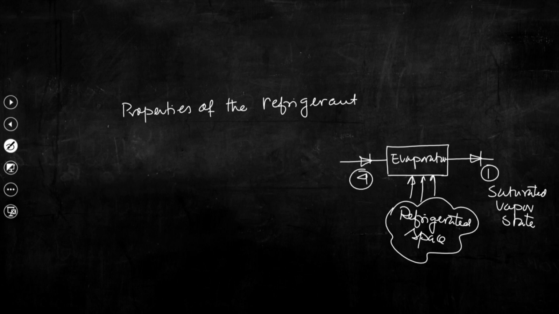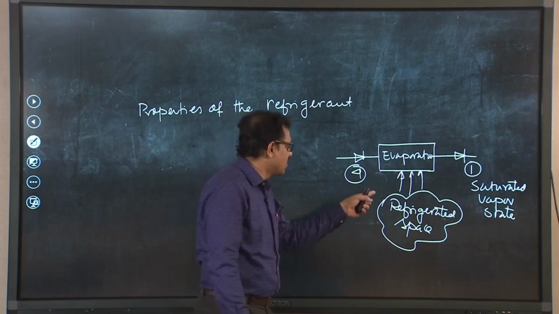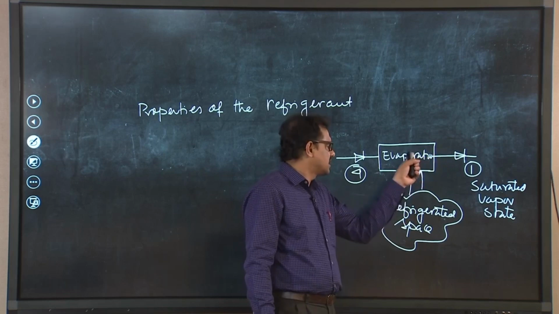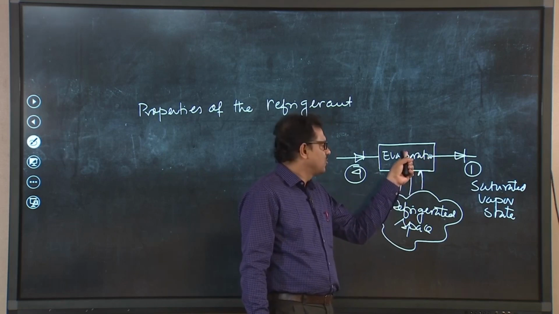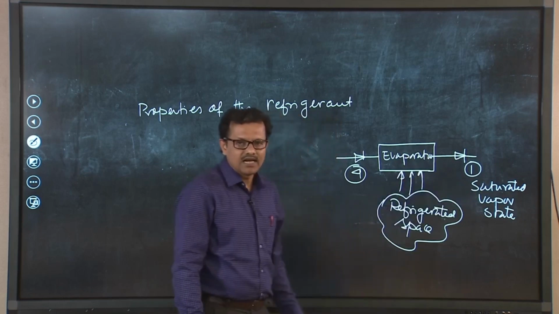So, basically the quality of the refrigerant at the inlet of the evaporator, that is mass fraction of vapor in a liquid vapor mixture, that is also known as flash gas fraction. So, this is neither purely liquid nor purely vapor. So, it is two phase mixture. Now, question is, upon receiving heat from this refrigerated space, that refrigerant will be evaporated and essentially will be getting saturated vapor at state 1.